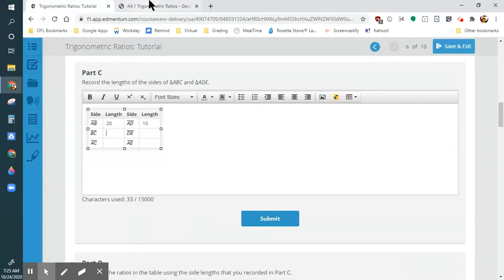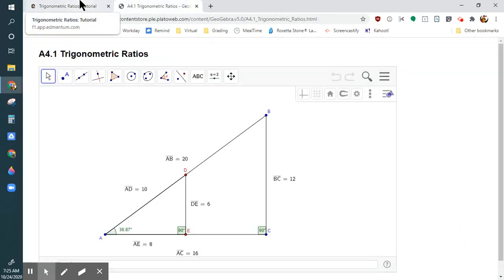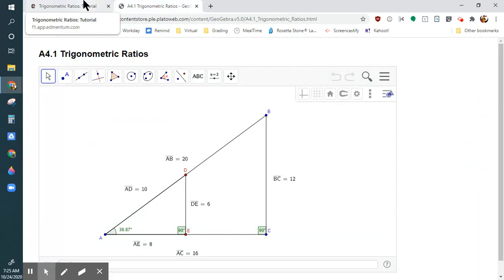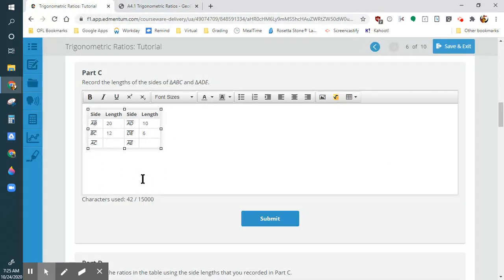I think they're focusing more on trig. BC is 12. This next one is 6. AC is 16. And the last one is 8.